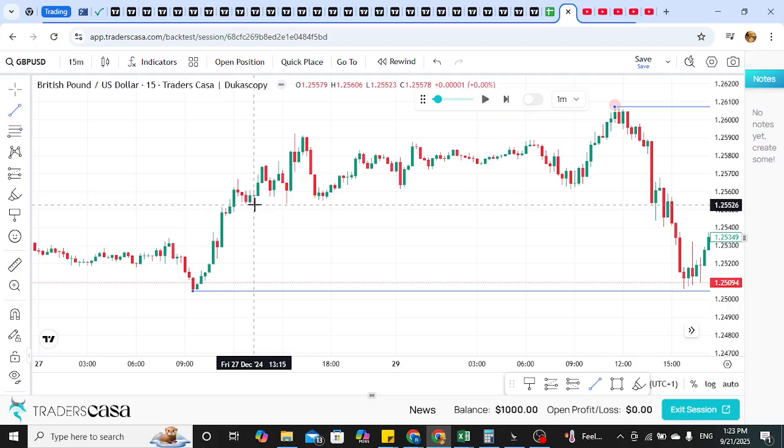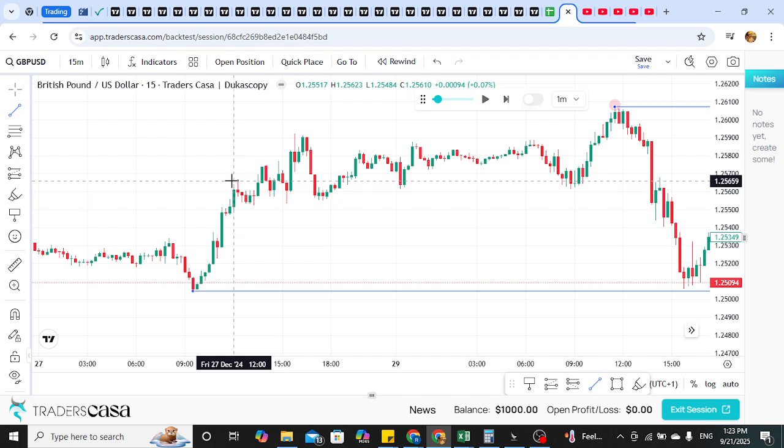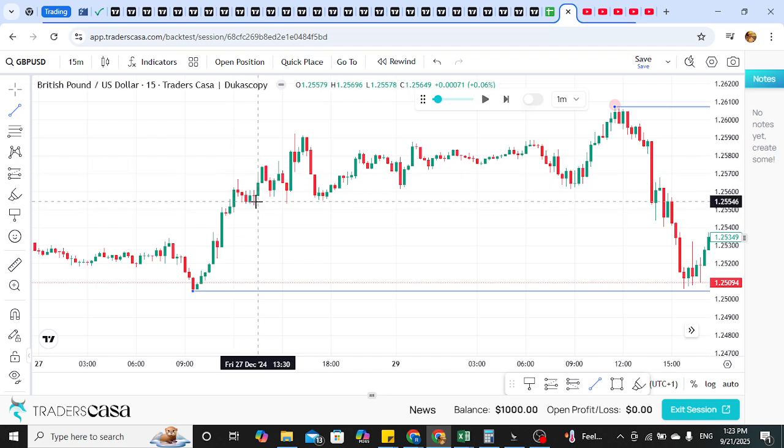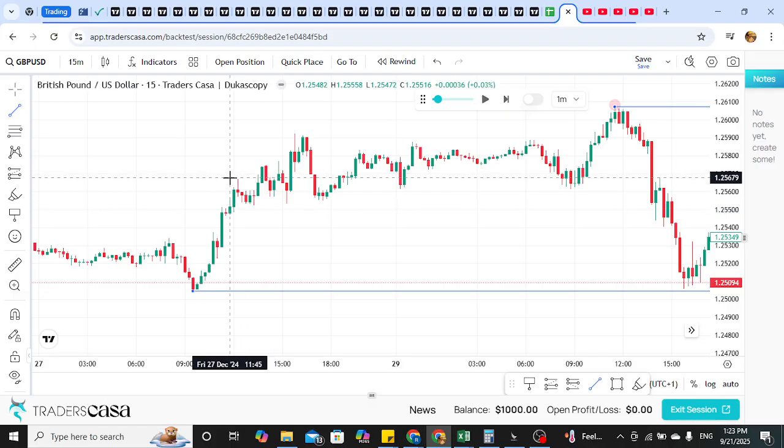And if this is the pullback, let's lock it. But this pullback is not for this high. This pullback is for this high. And for this high, there is no pullback except this one.